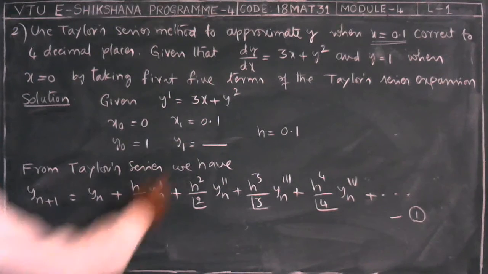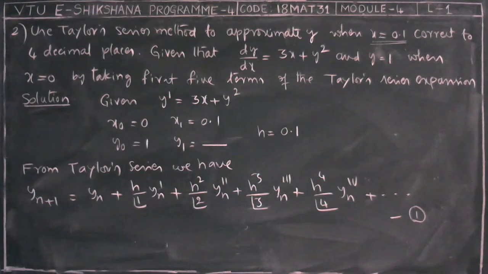Now to find the value y1, I have to fix n is equal to 0 here. So put n is equal to 0 in relation 1. What do you get?